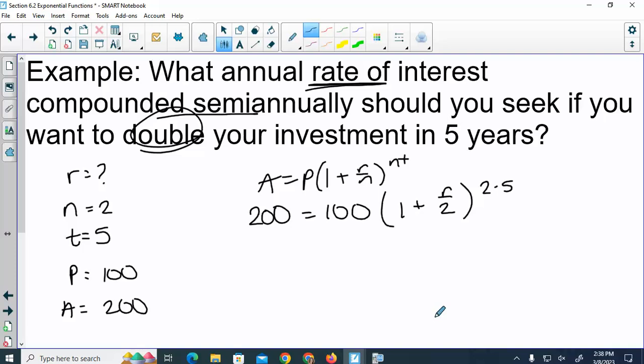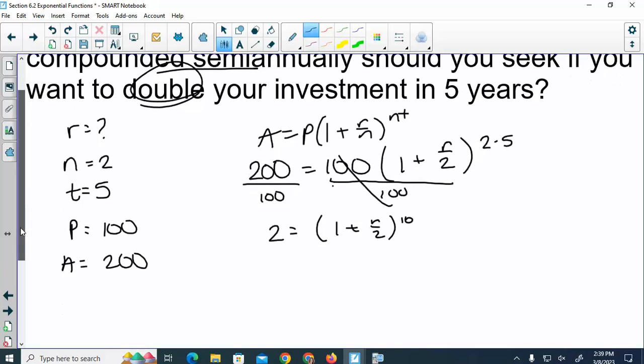Okay, so I'm trying to solve this for R. What would I do? Divide by 100, or divide by everything again. Well, we have to get the R by itself. Okay. Then what do I need to do?